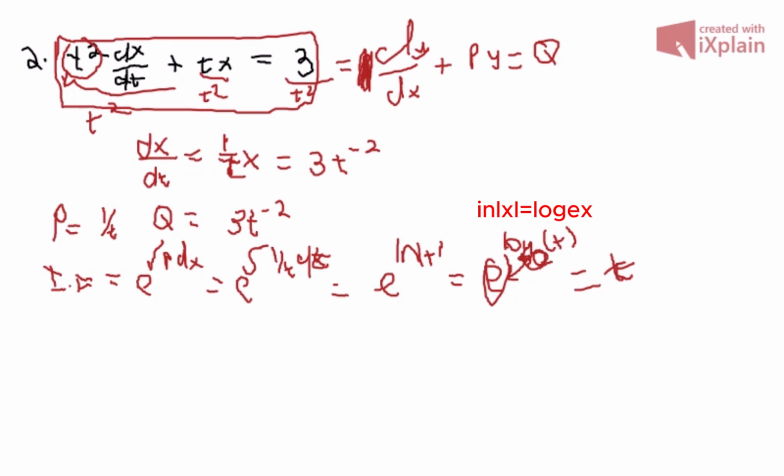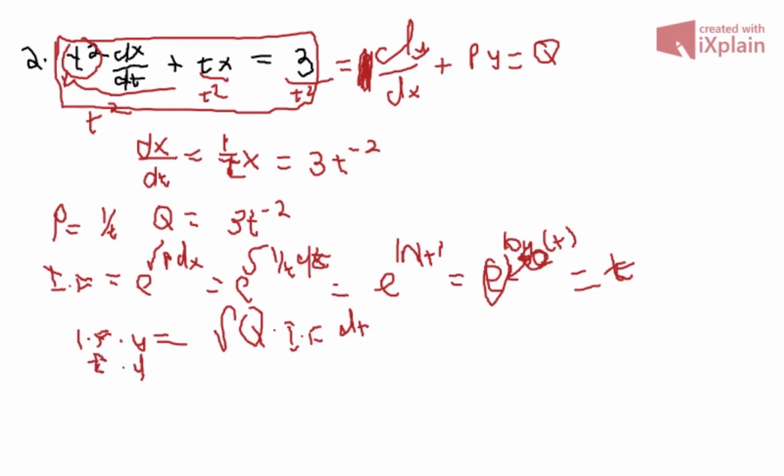Now we need to use the integrating factor: y times the integrating factor is equal to the integral of q times the integrating factor dt. The integrating factor is t, and our y is x now. Our q is 3t^(-2), and our integrating factor is t, then dt.